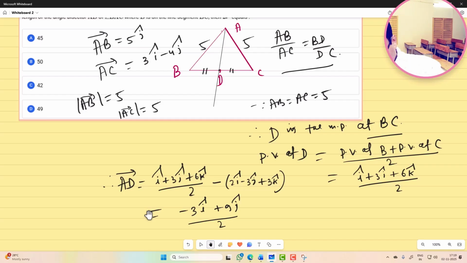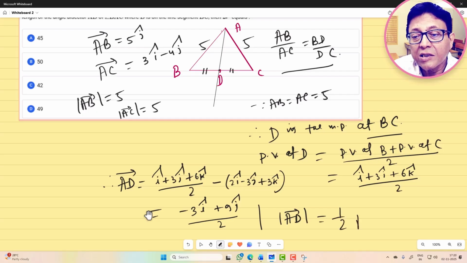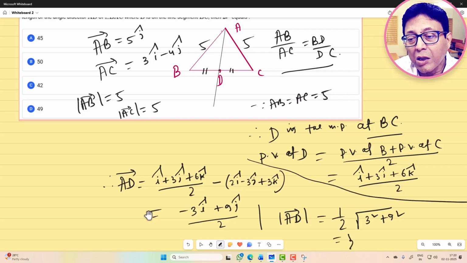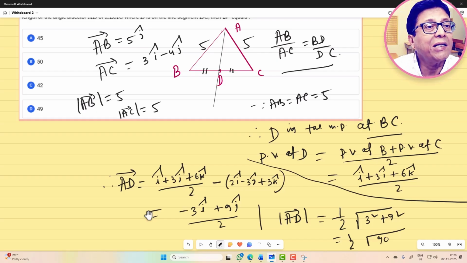Okay? So just write the value of mod AD over there. This is half under root 3 square plus 9 square. This you have done before. So half root 90, divided by 2.